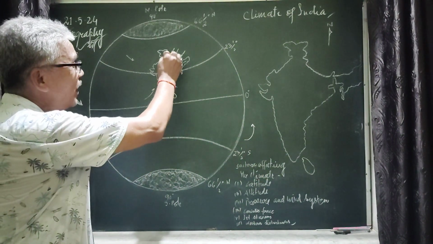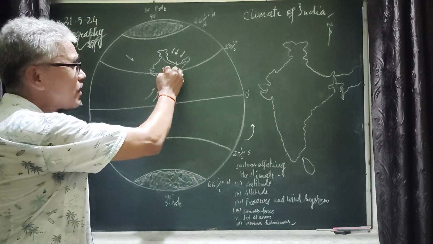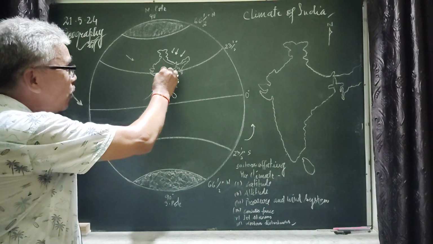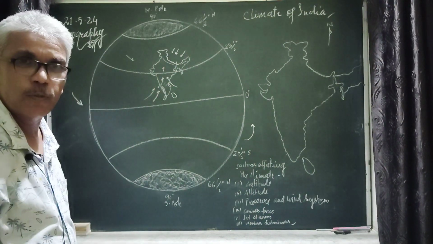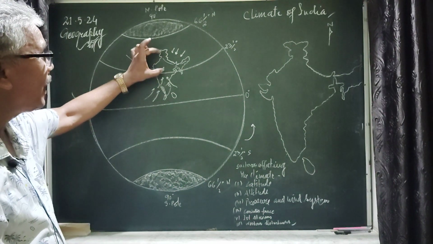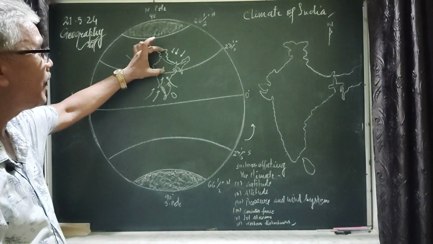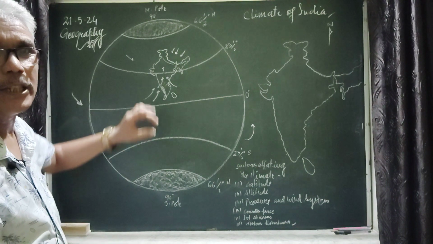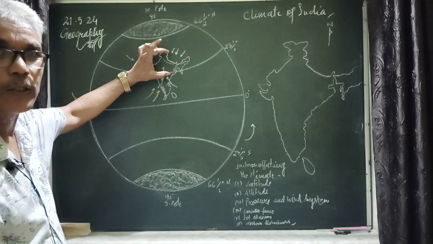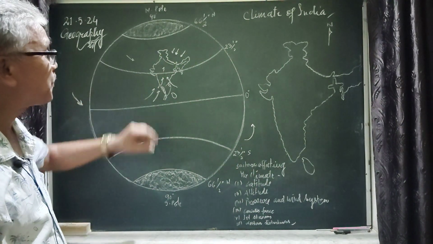The northern half of India lies in the subtropical zone, while the southern half lies in the tropical zone. So the southern half receives maximum insolation, therefore it is hottest, and the northern half lies in the temperate zone. The temperature over here is neither too hot nor too cold. It is equable.